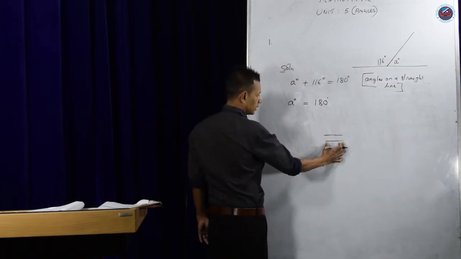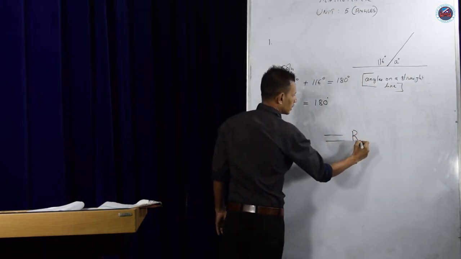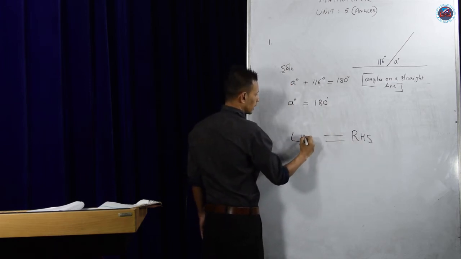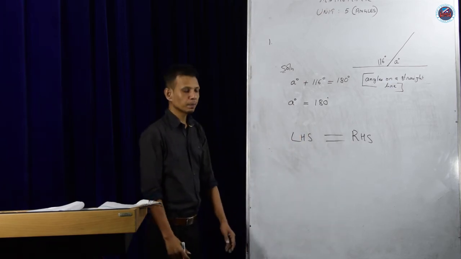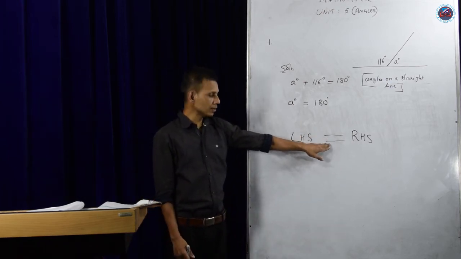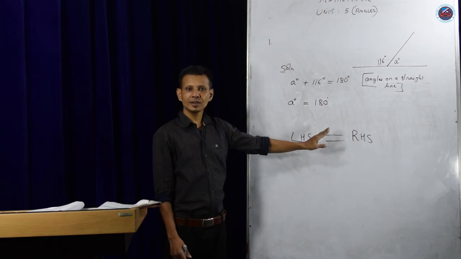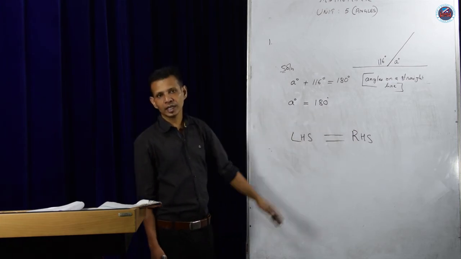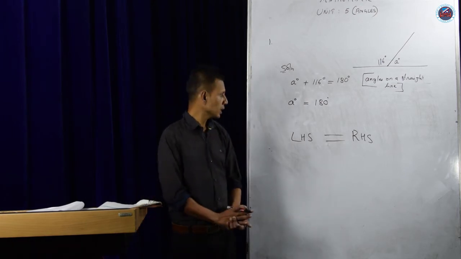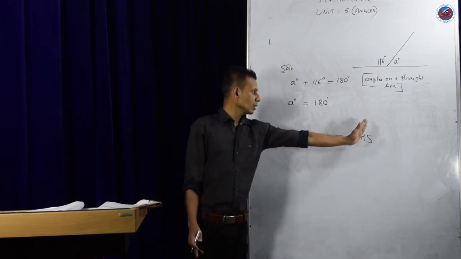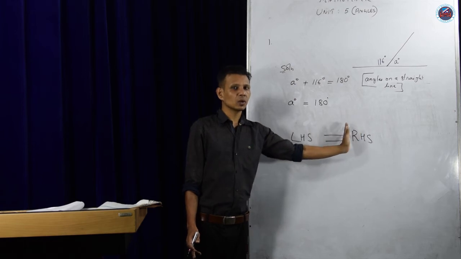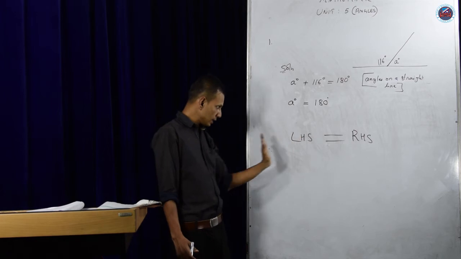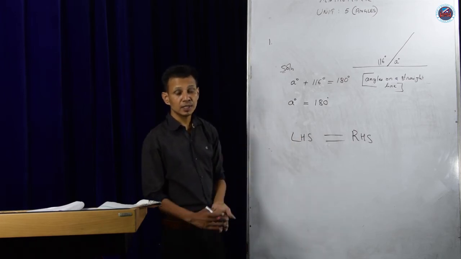This happens only when there is an equal sign. When there is a plus sign, minus sign, divide or multiply sign, this will not take place. Remember, when there is an equal sign, all the numbers on that side are on the right hand side, and whatever is on this side is on the left hand side. Please keep this in mind.